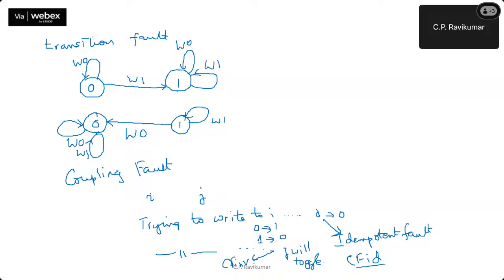And then cell number 55, we had to make it go through a transition. And then again read back what is there in cell 43. If it does not contain 0, let us say it has changed state, then we know that there is a coupling fault.